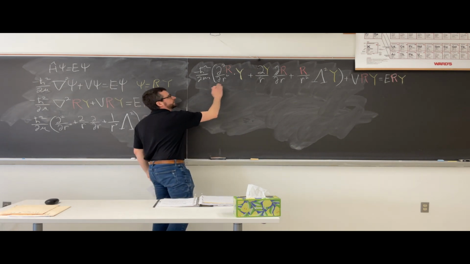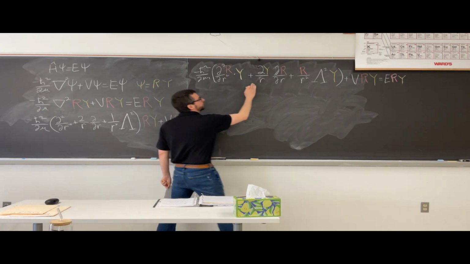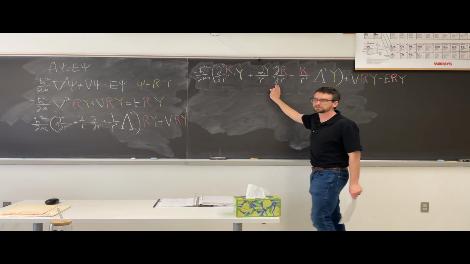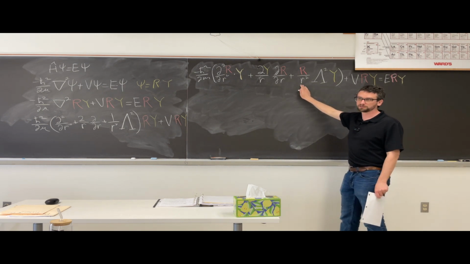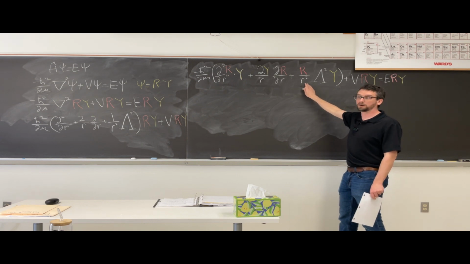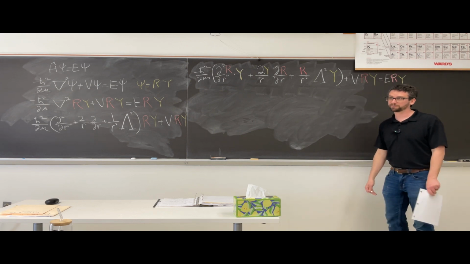This function, what's it only going to depend on? R. What about this function? What about this portion? Depends on Y, but what else is still stuck in there? Little r. So it still kind of depends on the radial part.